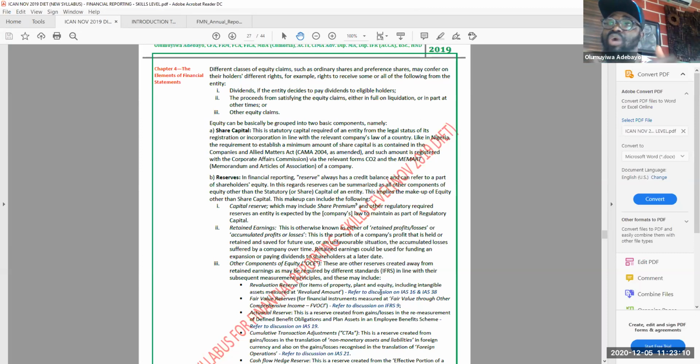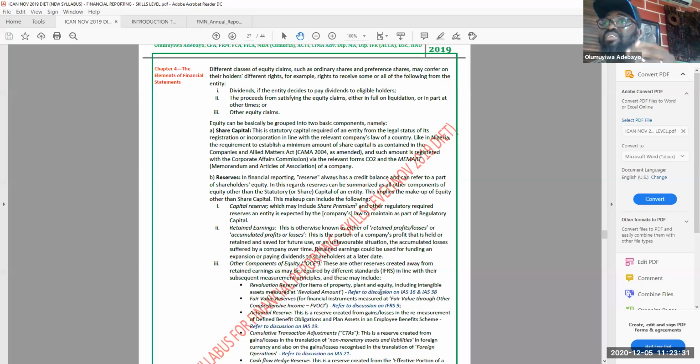Now, the one common to financial reporting is retained earnings or accumulated losses. Retained earnings, usually when it is positive, is accumulation of your profit over time that is not distributed, while accumulated losses is usually for losses over time that have eroded your earnings.